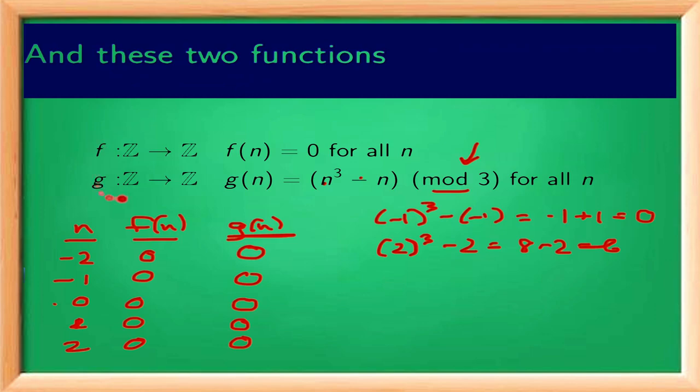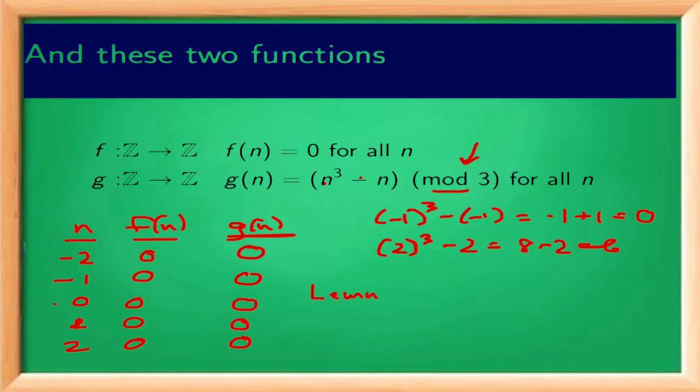You can prove as a lemma, and I will encourage you to prove this, that n cubed minus n is congruent to 0 mod 3 for every integer n. This is a true fact, and so you should try to prove that. It basically boils down to this: if you factored this cubic polynomial, you would have n times n plus 1 times n minus 1.